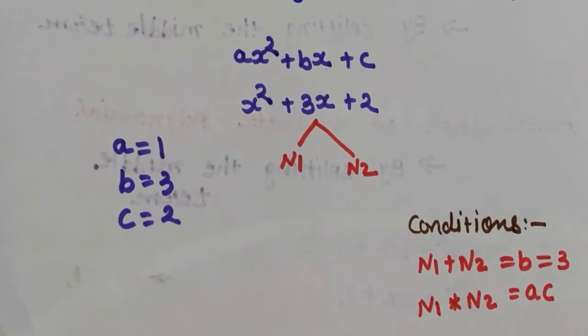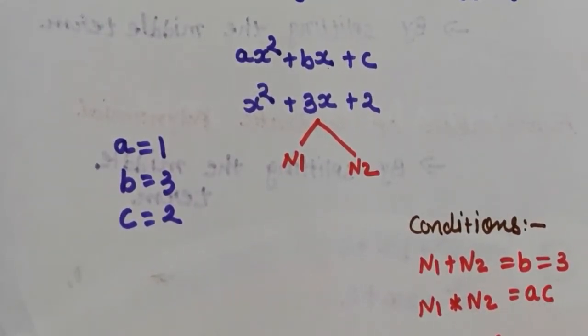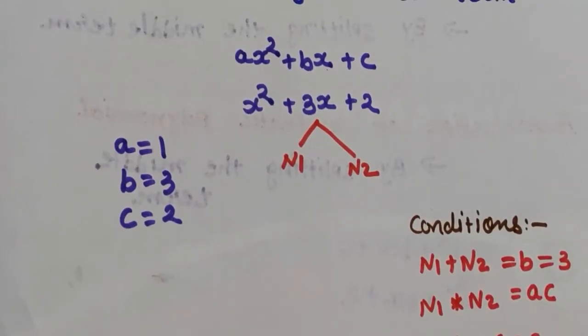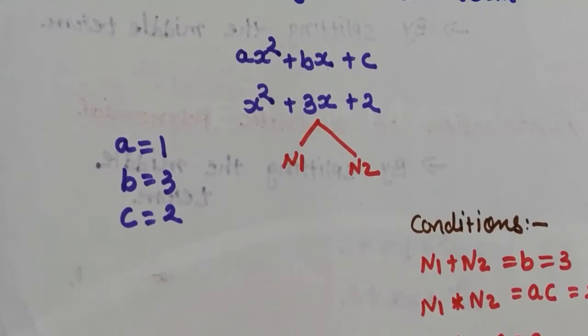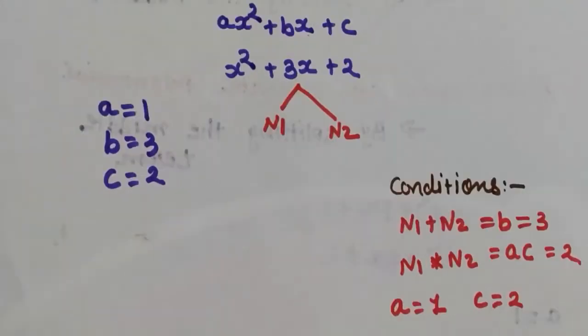As here a is equal to 1 and c is equal to 2, so AC is equal to 2. So these are the two conditions to factorize the middle term. n1 plus n2 is equal to b. Here it is 3. n1 multiplied by n2, it means product of n1 and n2 is equal to product of a and c. Here it is 2.